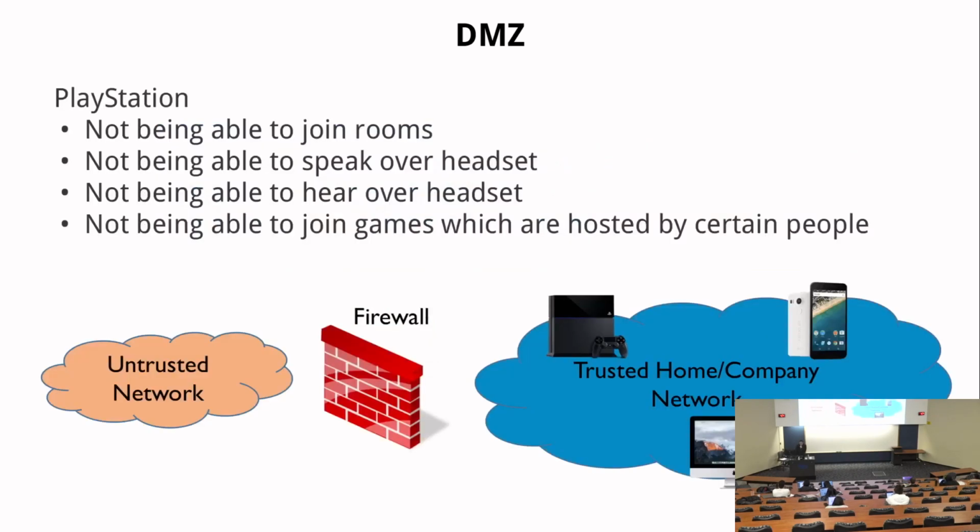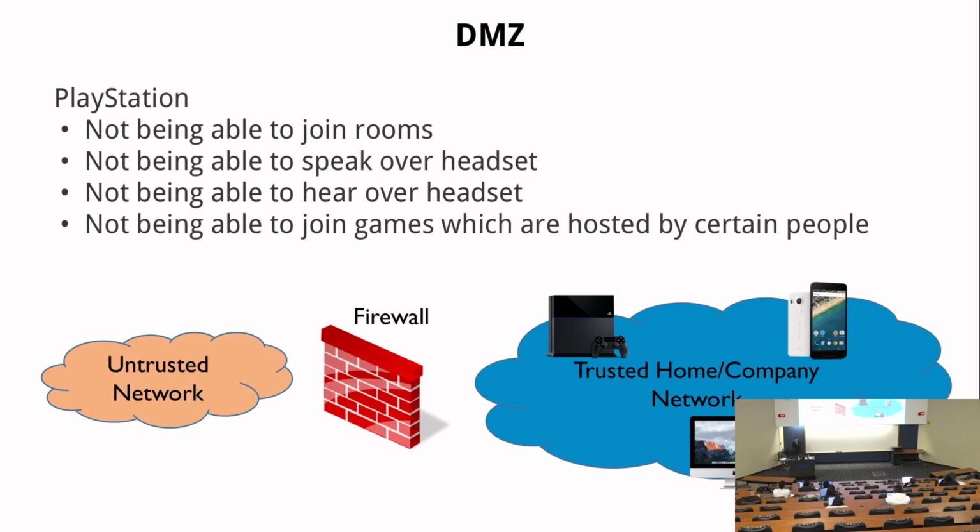So let's say one example. Let's assume on your home router, you set very strict rules to basically protect all the devices in your home, could be iPad, your phones, everything. However, you also have a PlayStation, which you want to play games on.